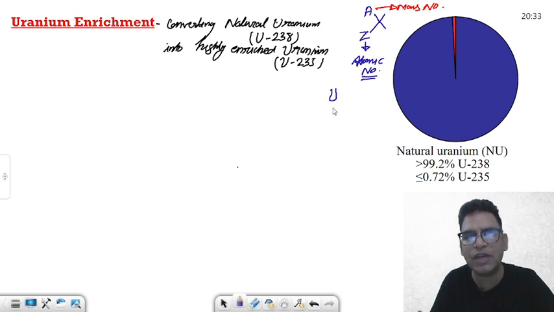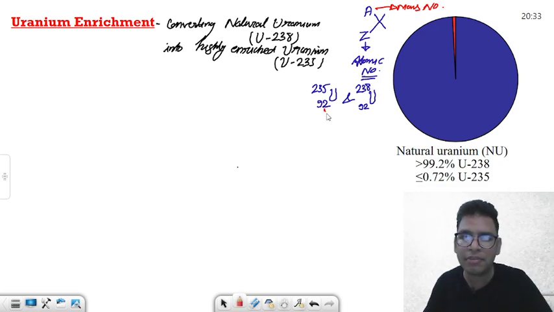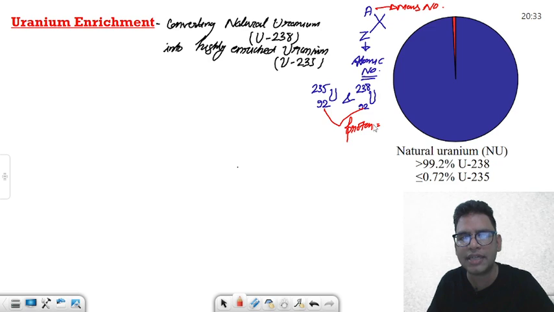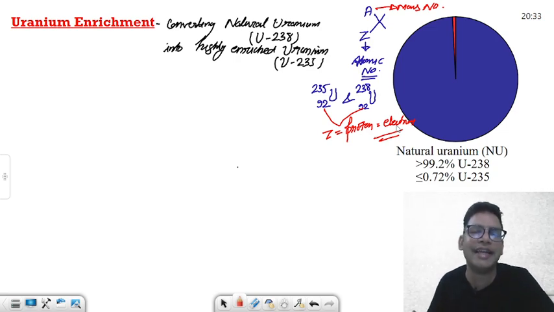For example, uranium-235 is written scientifically with 92 and 235, and uranium-238 is written with 92 and 238. So they are isotopes, two isotopes of uranium. It simply means the number of protons is the same, and the number of electrons is also the same. So chemically uranium-238 and uranium-235 are the same. That's the basic essential idea.